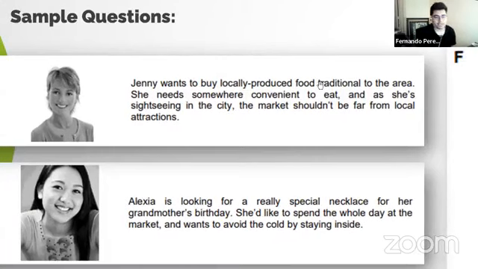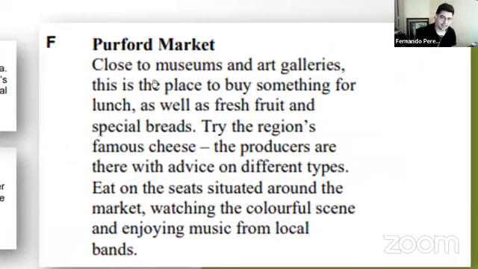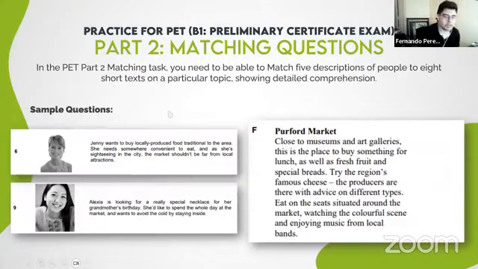And you need to match who would prefer this product over here. What you need to do is to match the person with the product according to the description, according to the words that you read, the personality of the person, and the product that they offer. Okay.